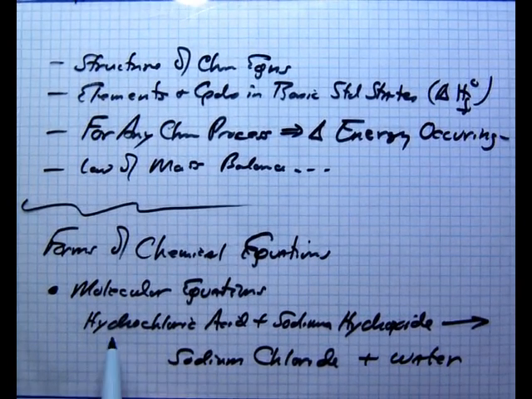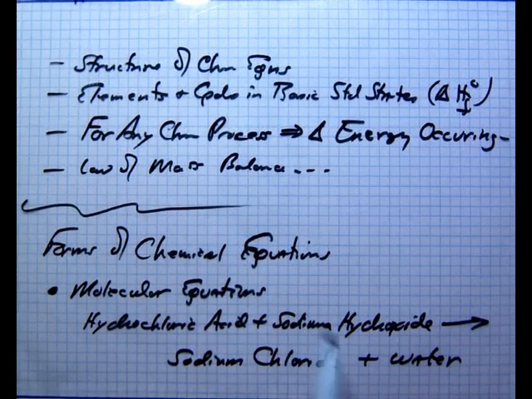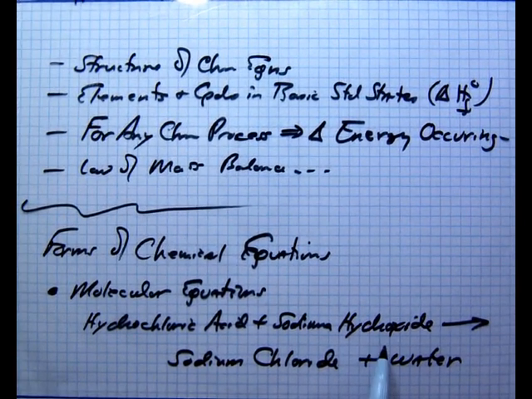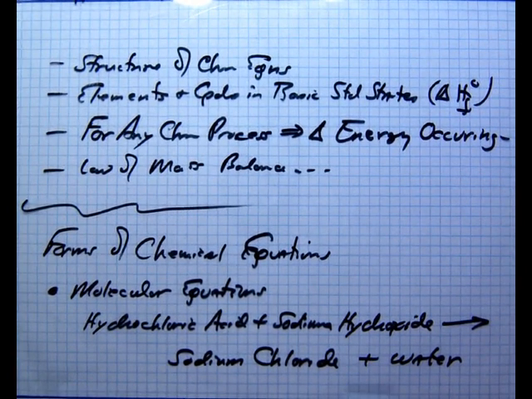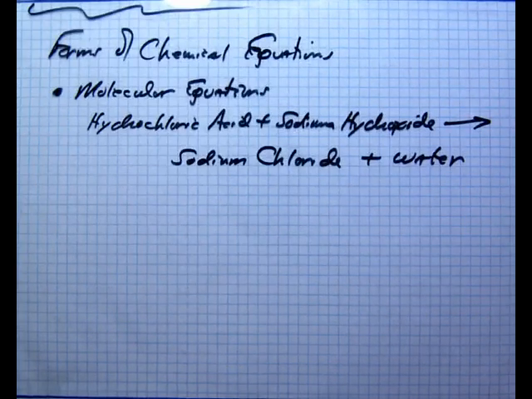Okay, so we've got hydrochloric acid and sodium hydroxide reacting here to form sodium chloride and water. That's what we want to write. We want to write this in an equation form.